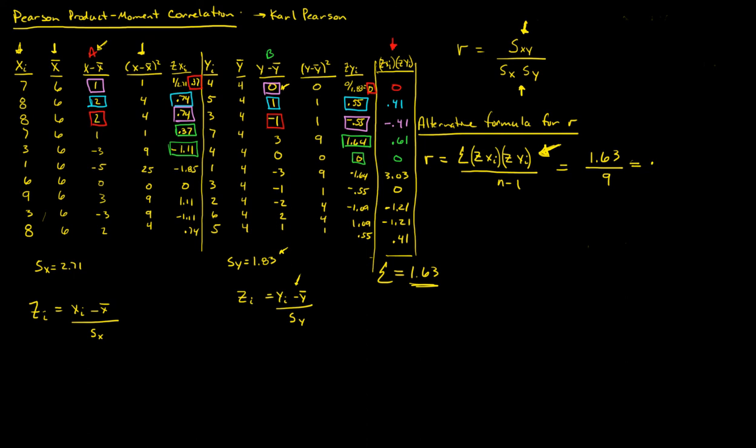That puts us right in line with where our long formula that we did by hand gave us. So this is the alternative equivalent way to calculate the Pearson product moment correlation using z-scores. I hope that was clear for you, and I hope you enjoyed the video.